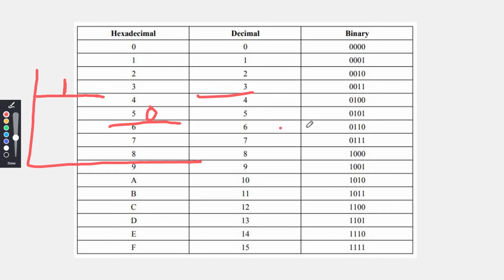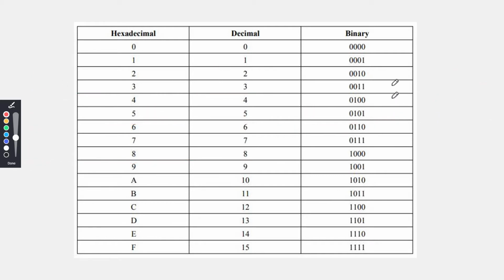So high, low, maybe low, high, just 1 0 0 1. Okay, this is how it works. So basically the computers can only recognize two signals, 1 and 0. But we just use these two digits to represent a bunch of data. It's amazing.